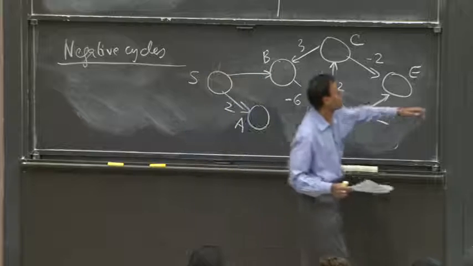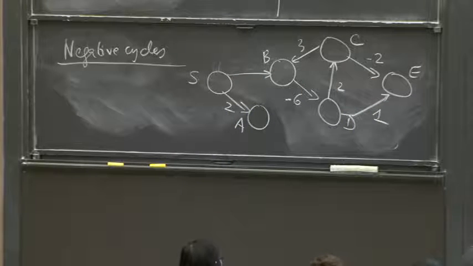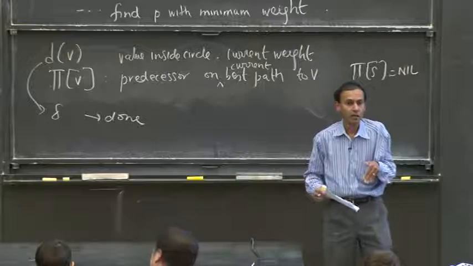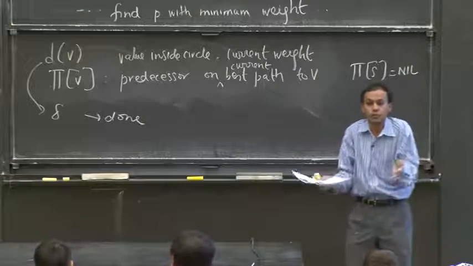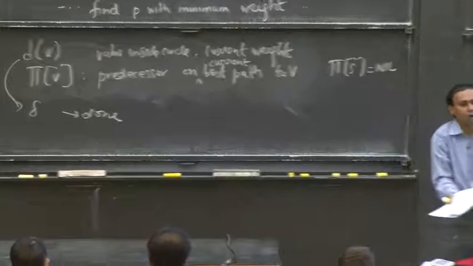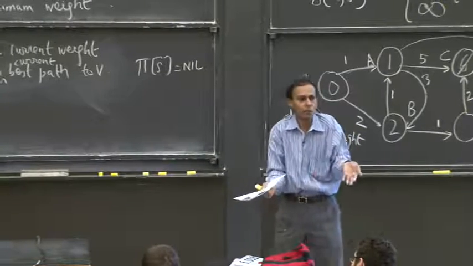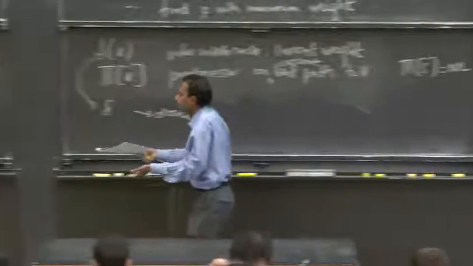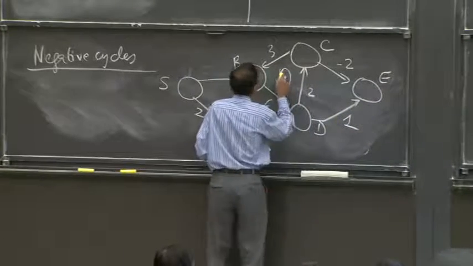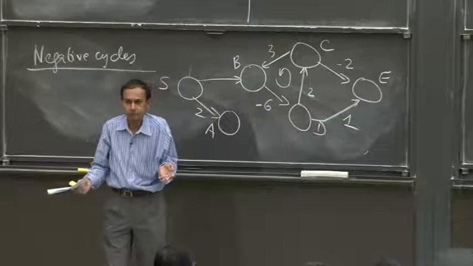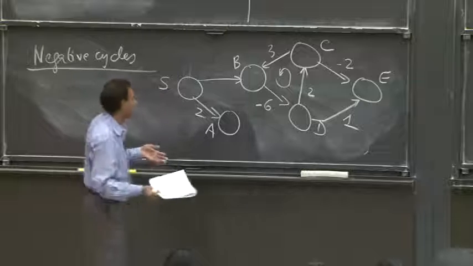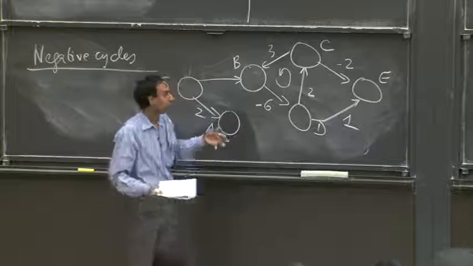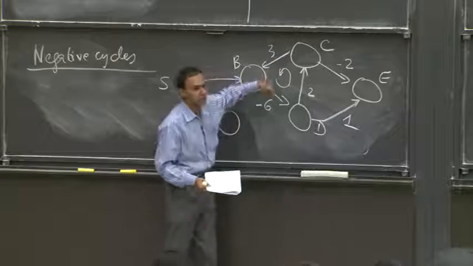So if you had something where you can't depend on the fact that the d's are going to keep reducing, and that eventually they'll stop reducing. Well, that's true when you have non-negative weight edges: eventually they'll stop reducing because they're lower bounded by 0. But if you have a graph with a negative cycle, this is a recipe for an infinite loop, right? In your program, potentially a bug, but it's not a bug in implementation, but a bug in the algorithm, because the termination condition isn't set properly.